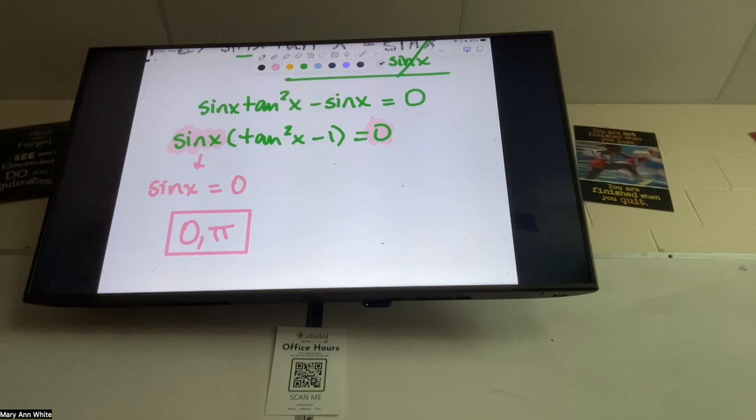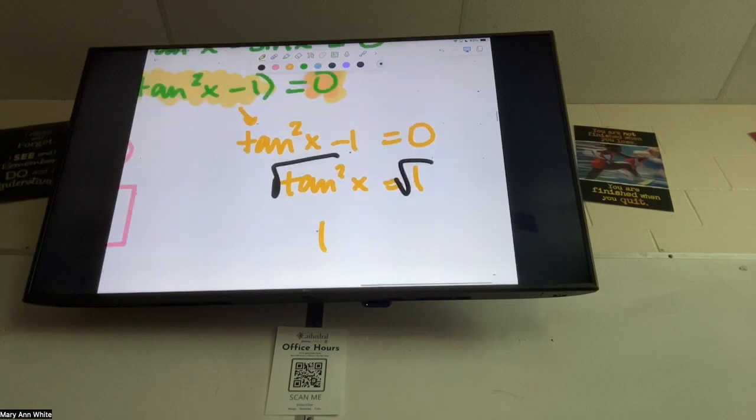And then we'll do our tangent squared X minus 1 is equal to 0. We'll add our 1 to both sides. We'll square root both sides. So we have tan of X equals plus or minus 1.